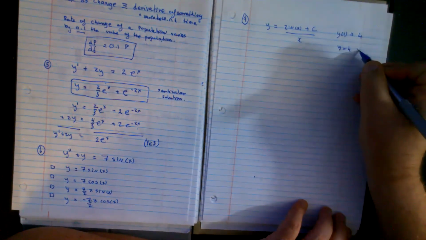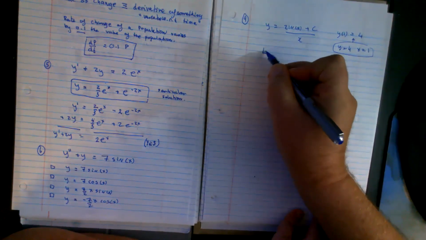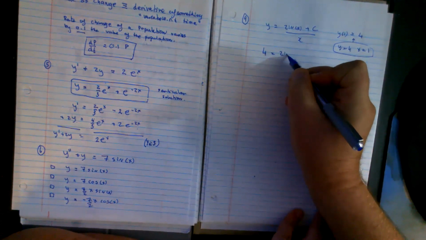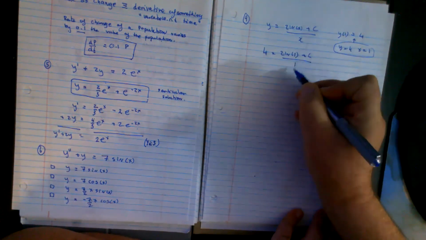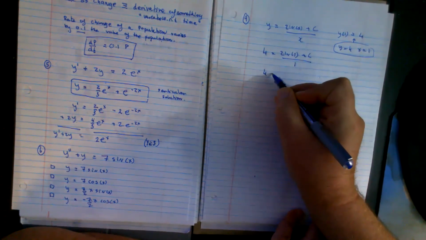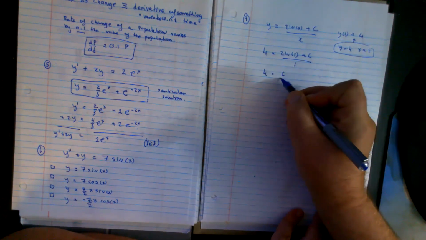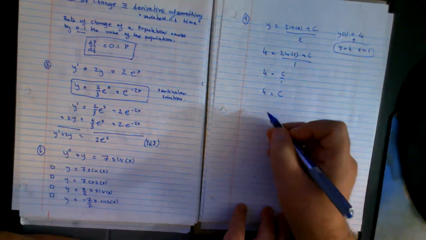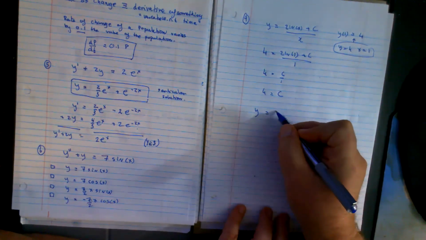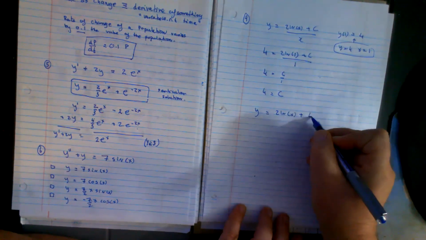That's how you read that. So y equals 4 when x equals 1. Well, 2 log of 1, well, 2 times 0 is 0, so you get c over 1. So well, that wasn't that hard to do. So the particular solution to this differential equation has a 4 there.